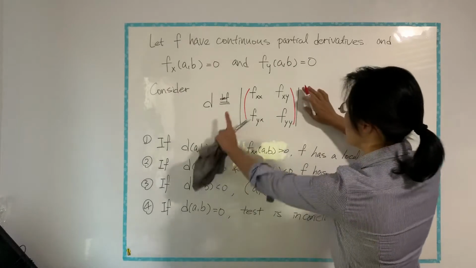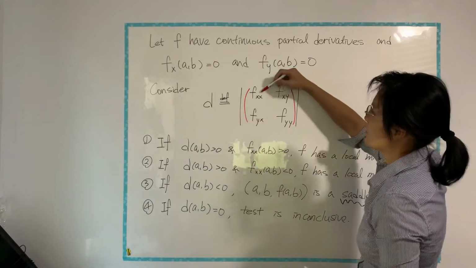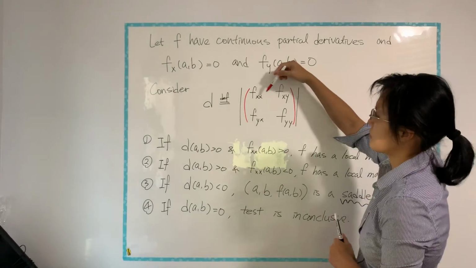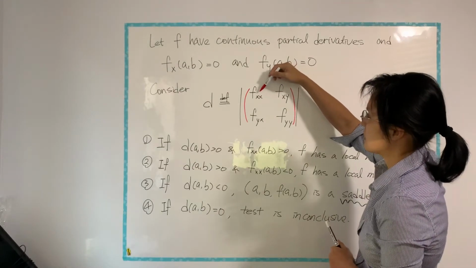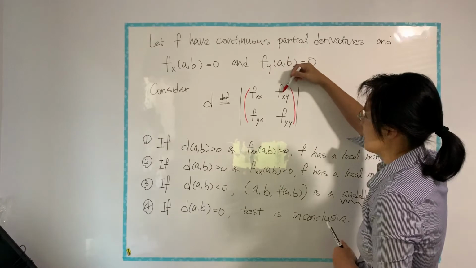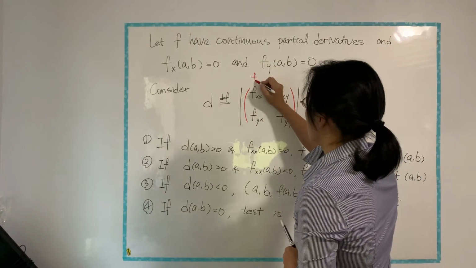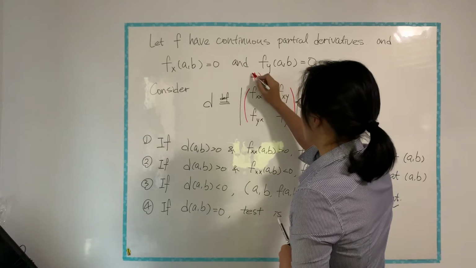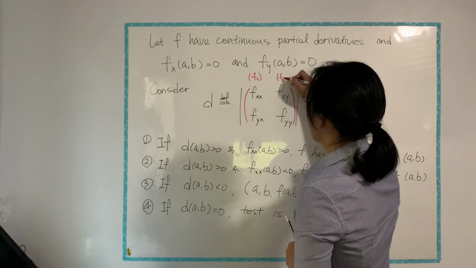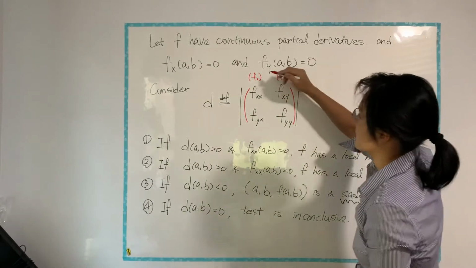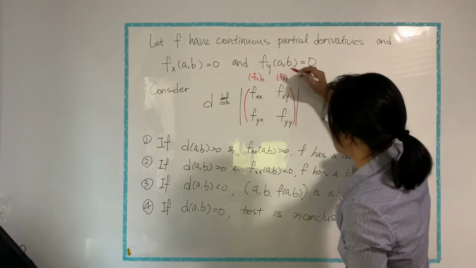First of all, I consider a matrix formed by second derivatives. The order is important. For the first row, we have f_xx and f_xy, which are the derivatives of the first derivative f_x, with respect to x and y.